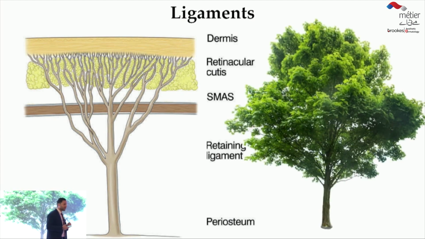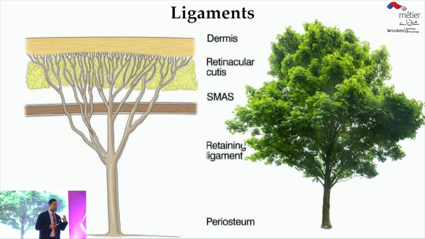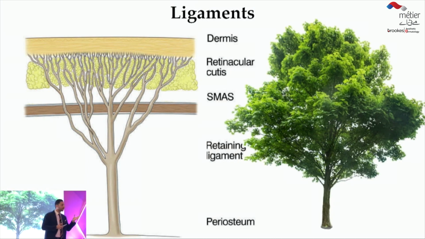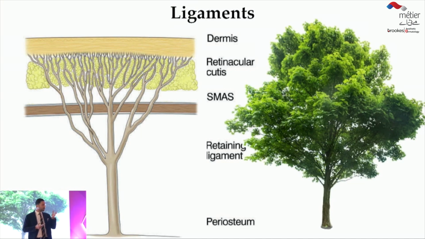So what threads do is integrate into the retinacular cutis and reinforce the collagen deposition at that part. And this part is fixed to the periosteum. So you attach your threads to the periosteum through the ligaments. You should choose a fixation point that goes by a ligament.